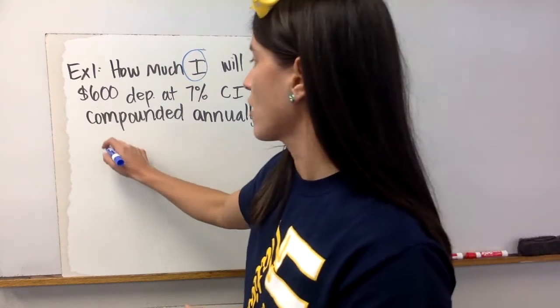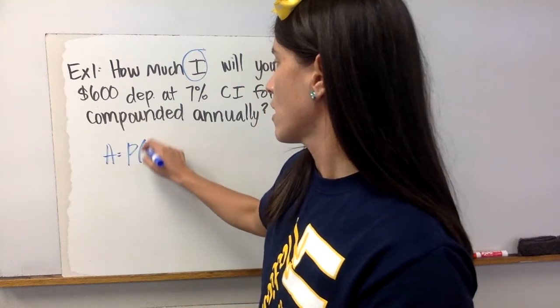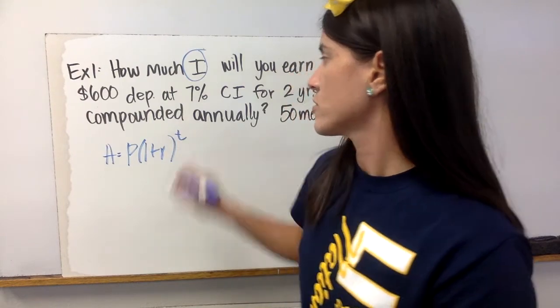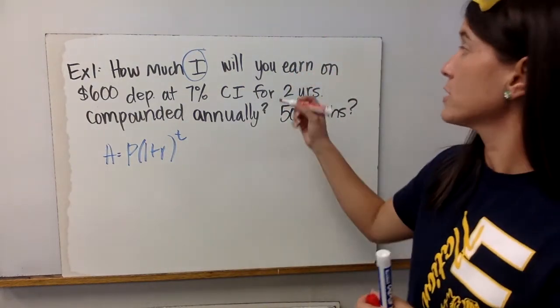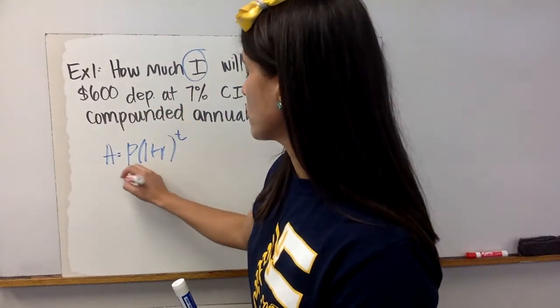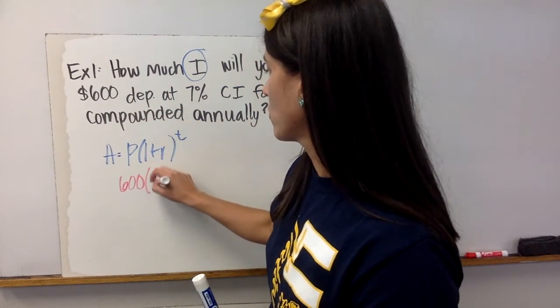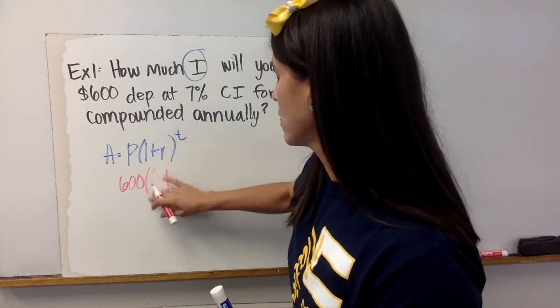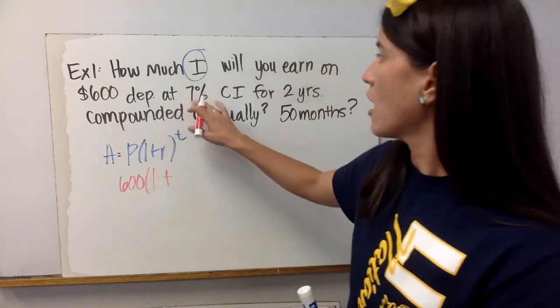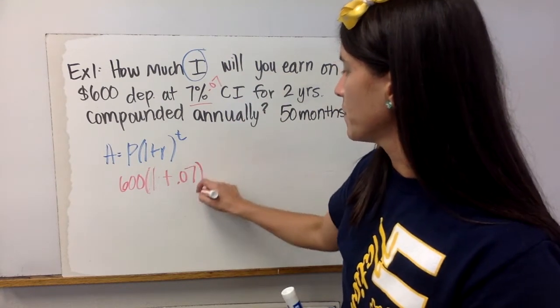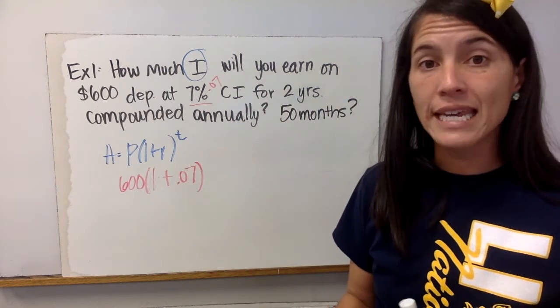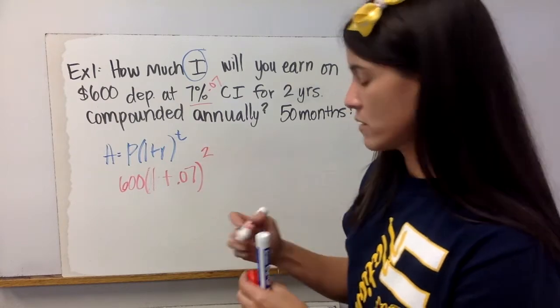So we're going to start with our formula. Write your formula, and then we're just going to substitute our numbers in. Our principal is $600, so that's how much we started with. 1 plus our rate is 7%, so 0.07. And then for T, it would be 2 years.